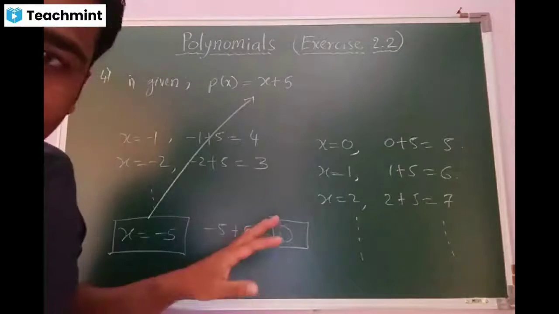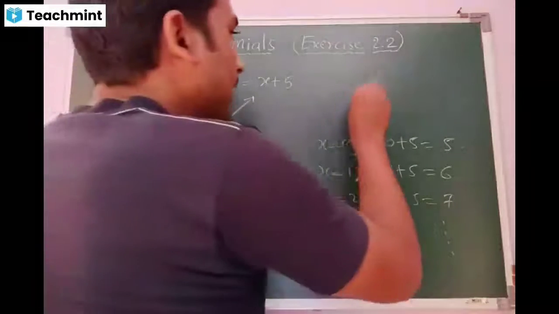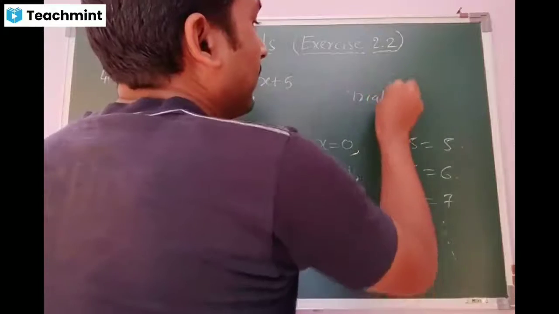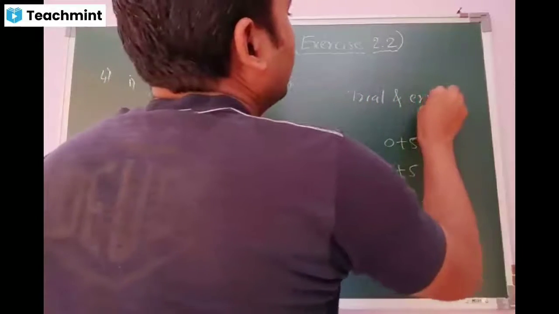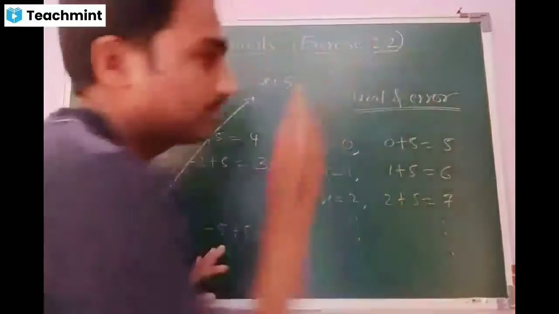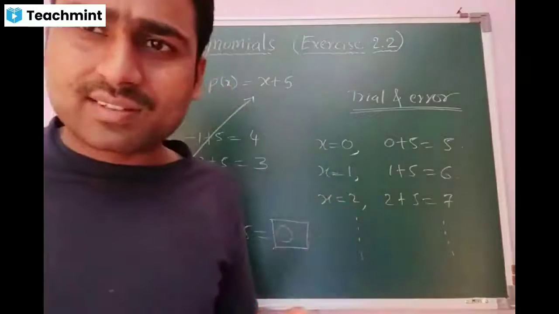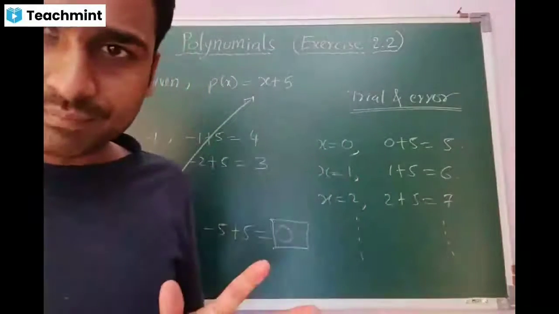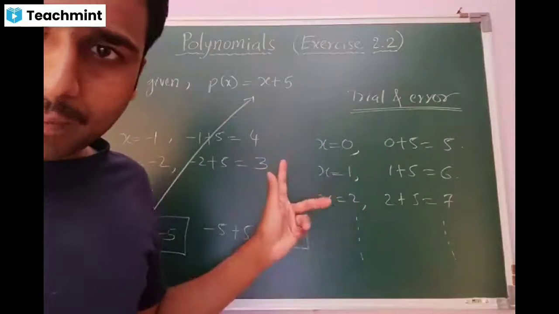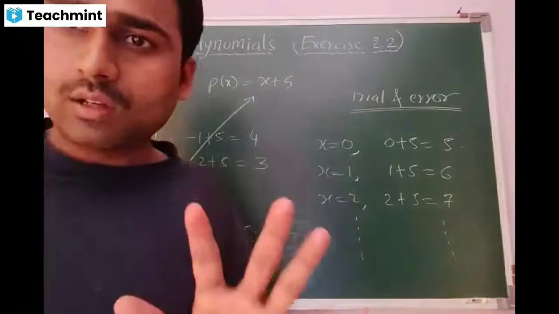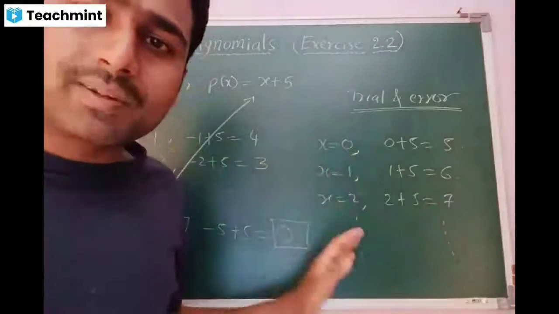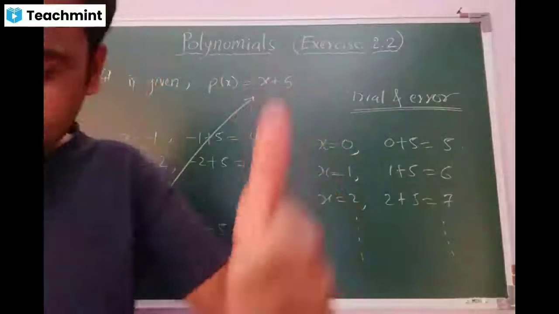This method, we call it the trial and error method. What do we call it, beta? Trial and error method. But beta, this method takes a lot of time and is a bit of a burden for the students. Is that clear?